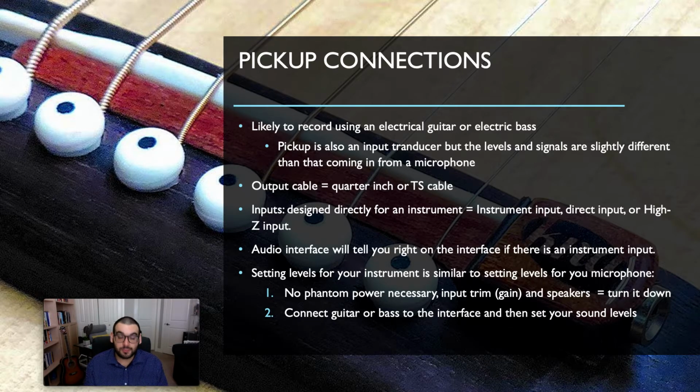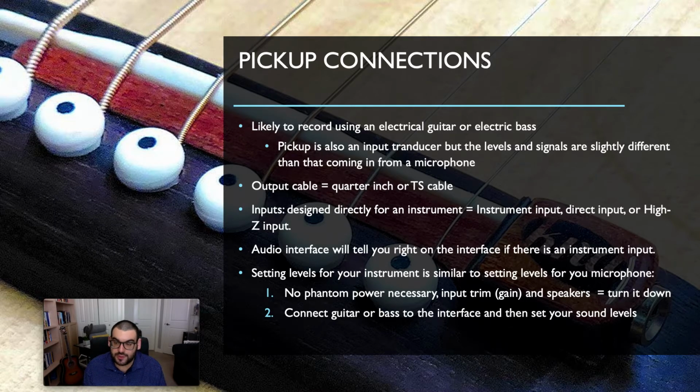Okay, the output cable is always going to be a 1/4 inch or TS cable. Okay, that cable is going to go from your instrument to the audio interface. If you're using an instrument, it's always going to be a 1/4 inch or TS cable. Okay. The inputs on your instrument as well as the audio interface are designed directly for instruments.